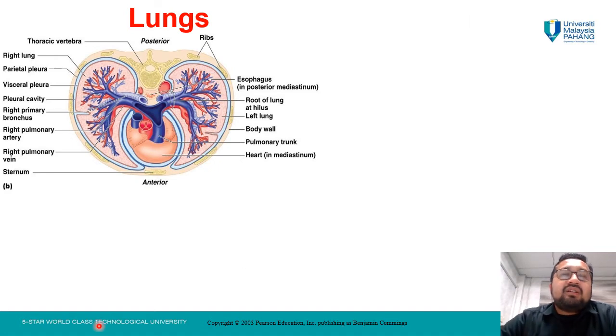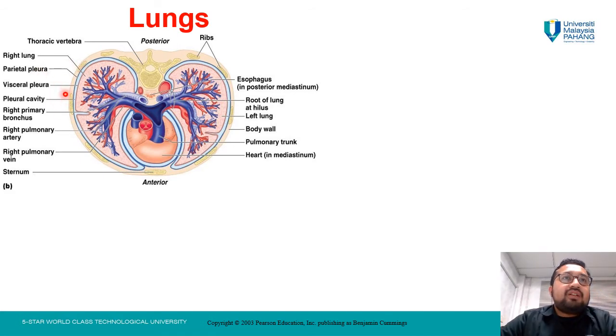Okay, this one is the view daripada apa nama dia, daripada atas lah. Okay, daripada atas, this one is the posterior part, anterior part. When we do a cut section, this is what we see in the lungs. Okay, this is the right lung, left lung, ribs, covering thoracic cavity.